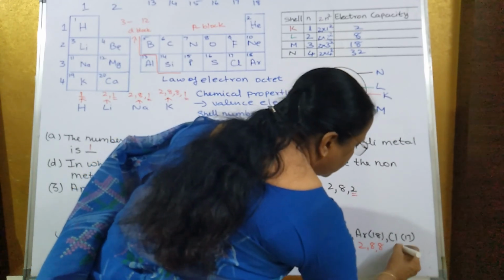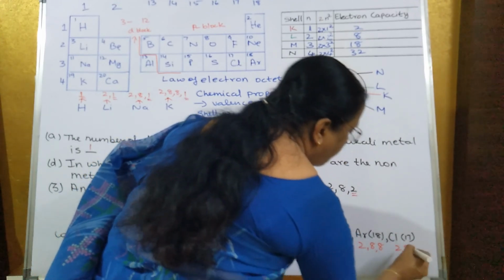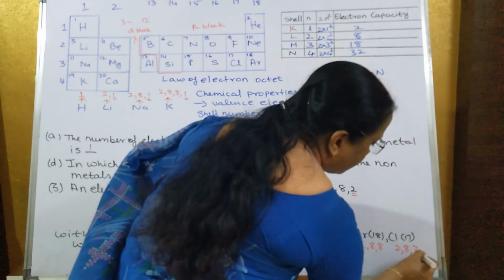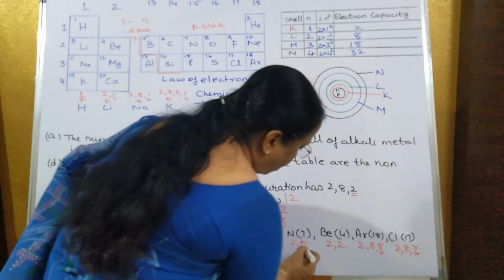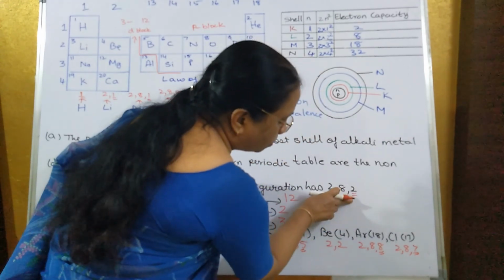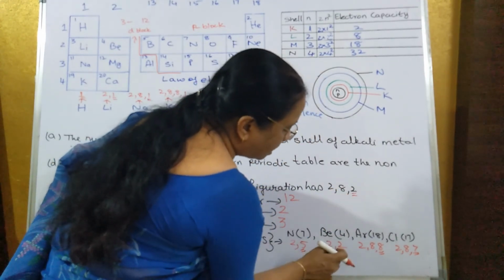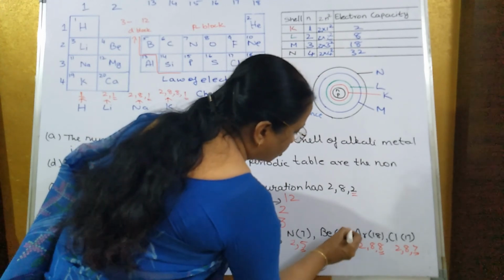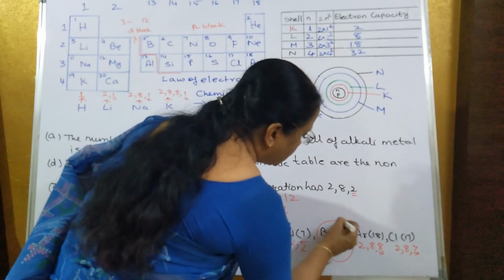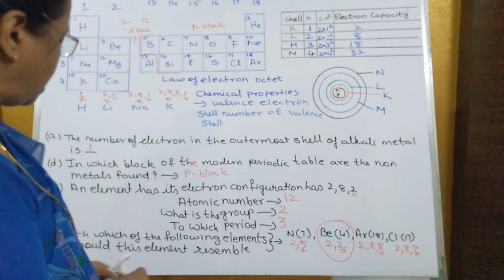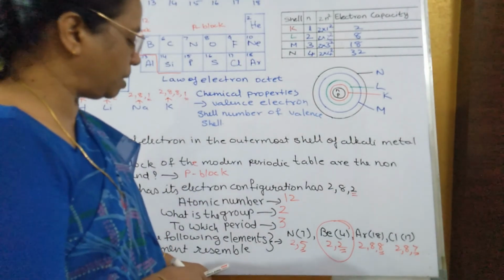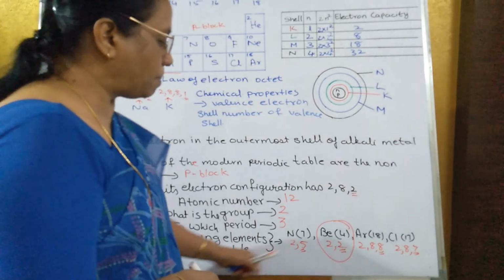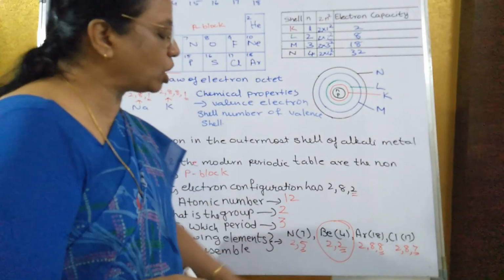And this is 2, 8, 7. So the valence electron here is 7, here 8, here 5, and here 2. So which one has 2 as valence electron? That is beryllium. So the right answer is beryllium, which has atomic number 4.